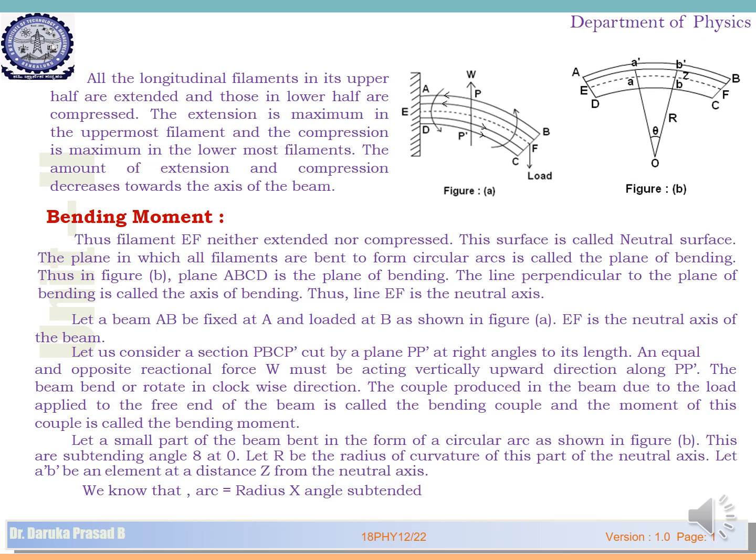Therefore, the arc length AB is simply capital R into theta. Similarly, for A dash B dash, which is extended from B to B dash, or A to A dash, that distance is taken as Z. Hence, the radial distance for the arc A dash B dash becomes R plus Z, and the arc length A dash B dash is R plus Z into theta.